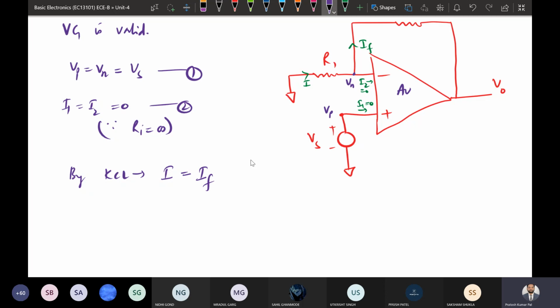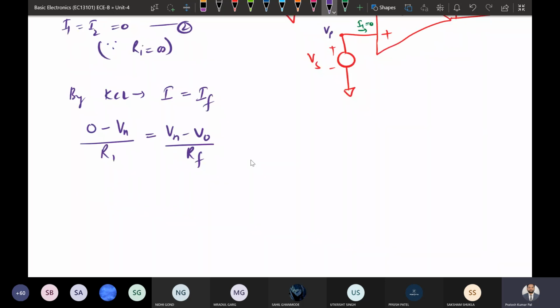So 0 minus Vn divided by R1 will be your I current, is equals to IF. Here this is at high and this is at low, so current flows from here to here, so it is Vn minus V naught divided by Rf. This will be IF current.